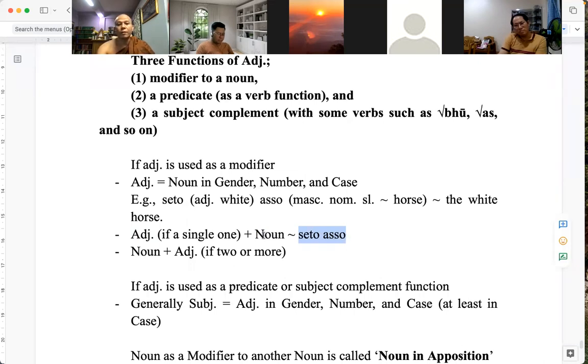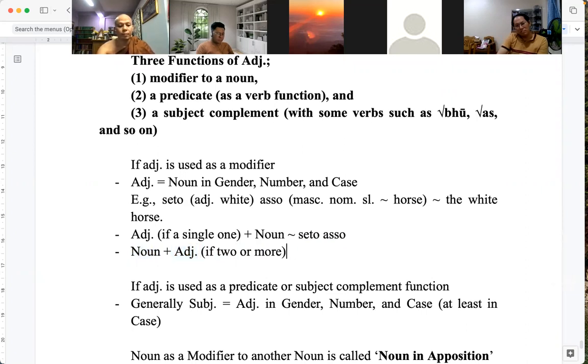But if we use two or more adjectives, then mostly the noun is first, and those two or more adjectives follow that noun.